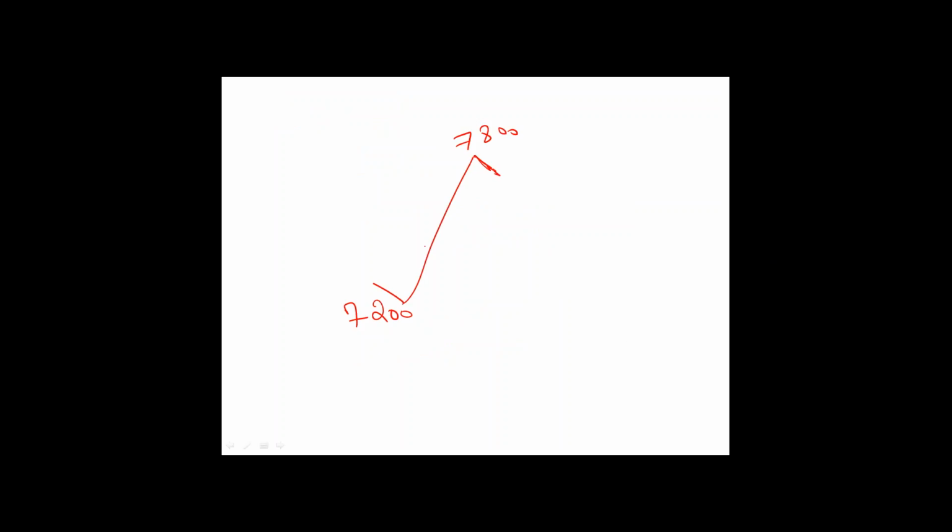Okay, so this is your assumption. So what you do is you sell a call at 7800 strike price, and you sell a put at 7200 strike price.